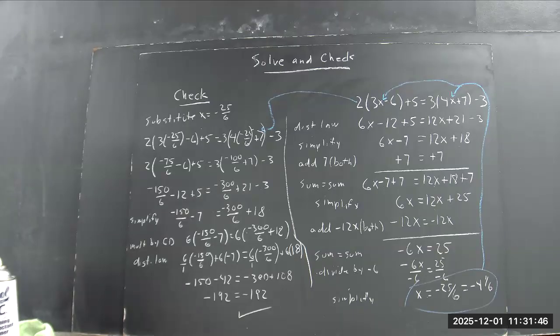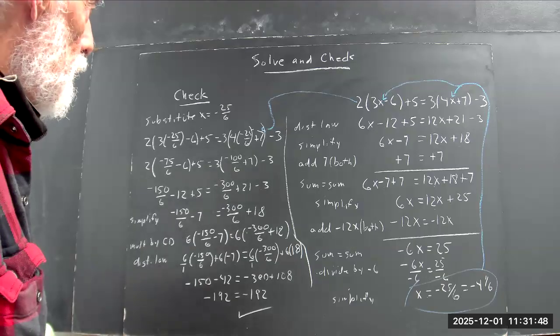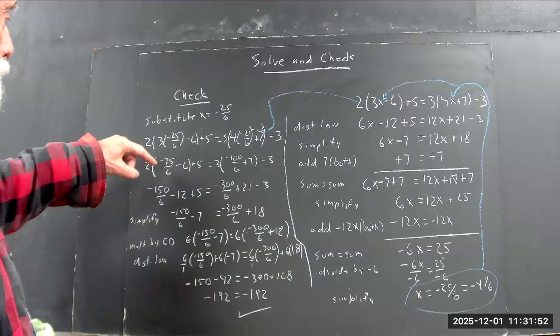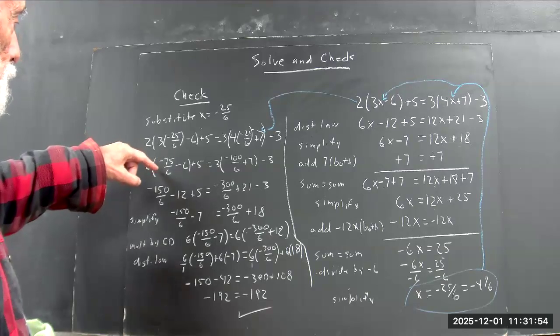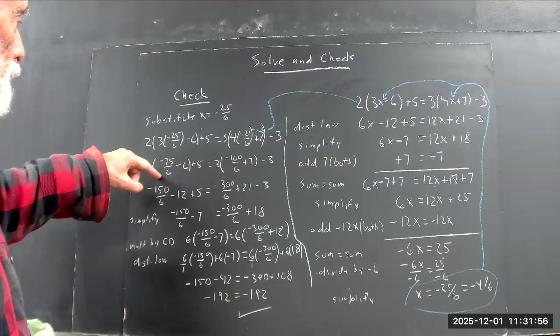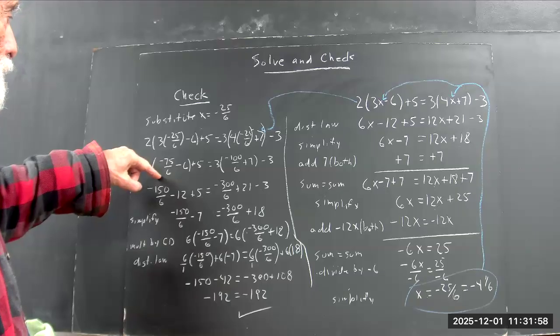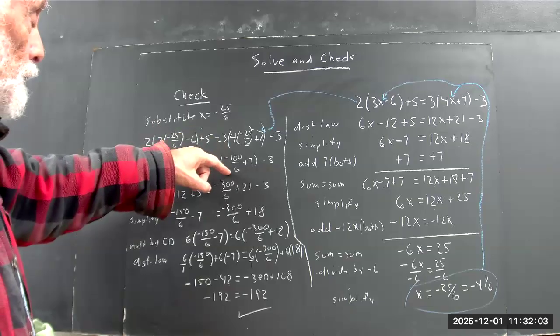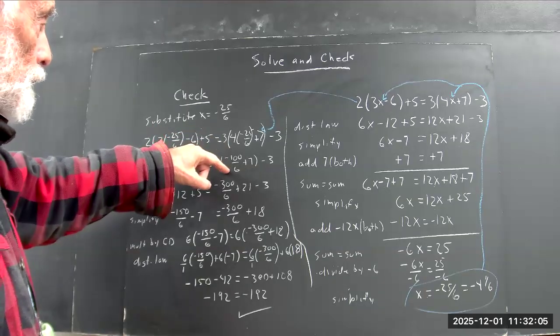Again, if you're reasonably adept with fractions, it would certainly be legitimate to simplify this negative 75 over 6 to negative 25 over 2, or the negative 100 over 6 to negative 50 over 3.